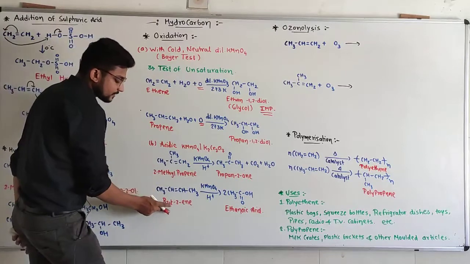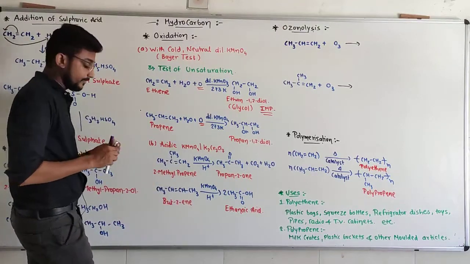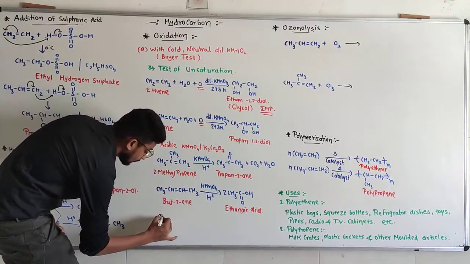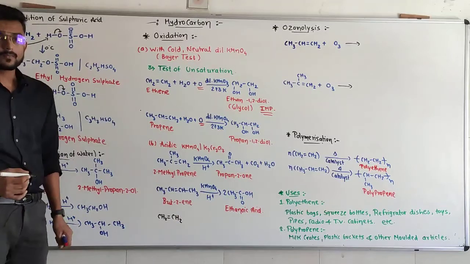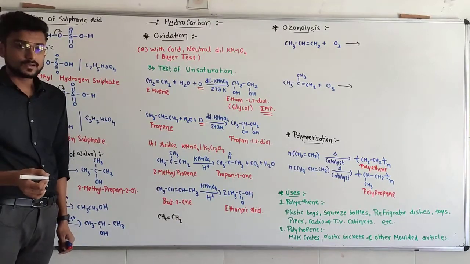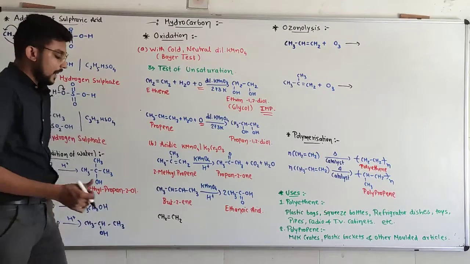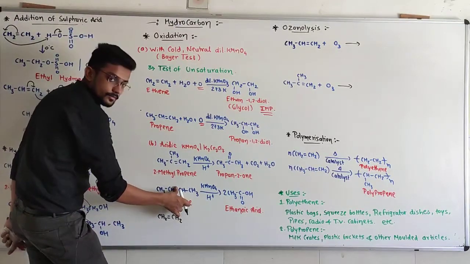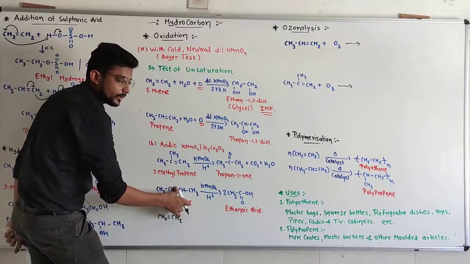Symmetrical compound means suppose butene, or instead of butene, we can use ethene also, CH2=CH2. What happens over here? If we have a symmetrical compound, the double bond will disappear. The carbon-carbon double bond will be completely broken.